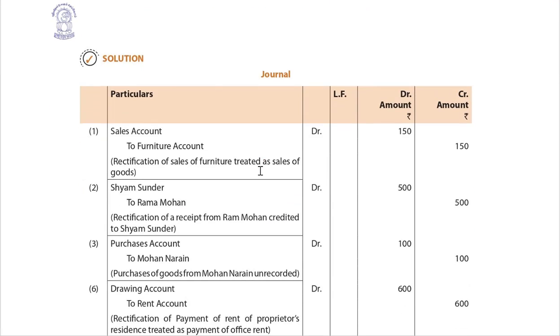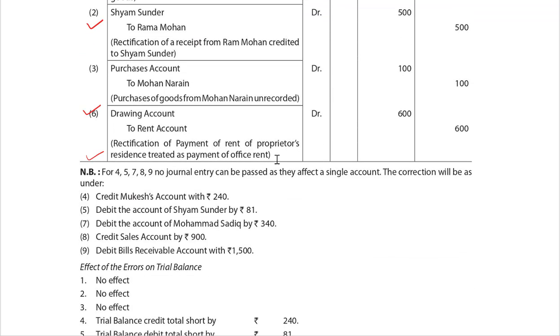Let's see the rectifications over here now. Sales to furniture, Shyam Sundar to Ram Mohan, purchases account to Mohan, drawings to rent. And these are the single-sided errors, that is single account.